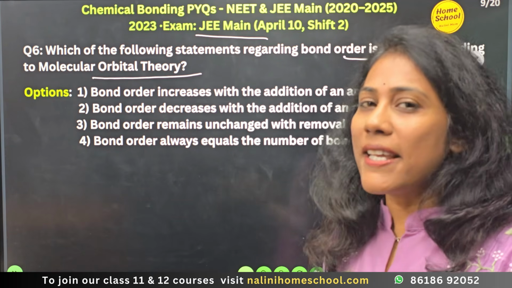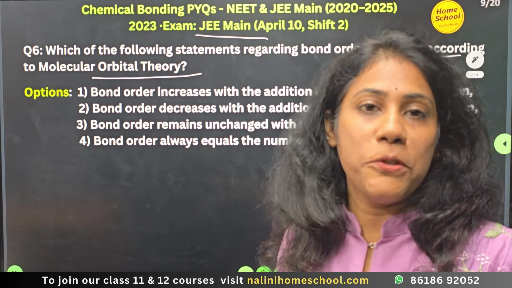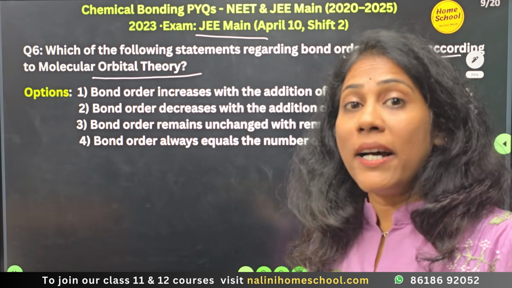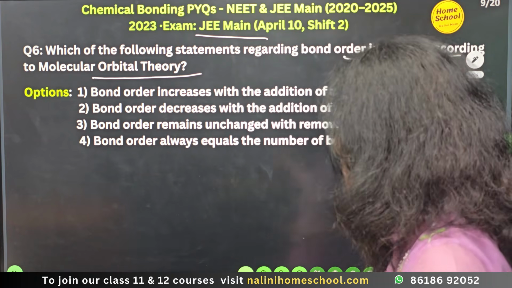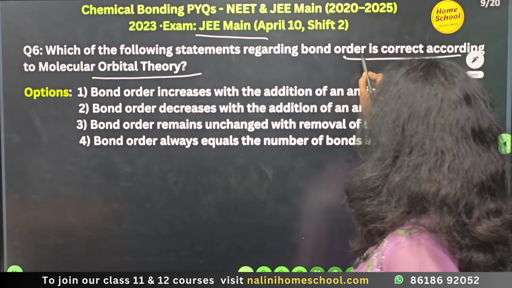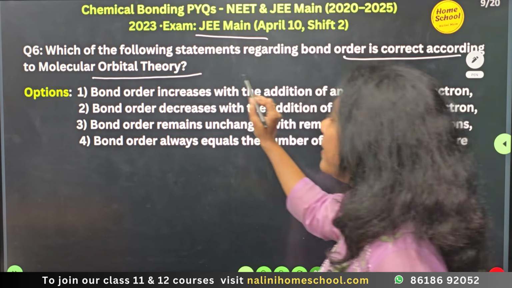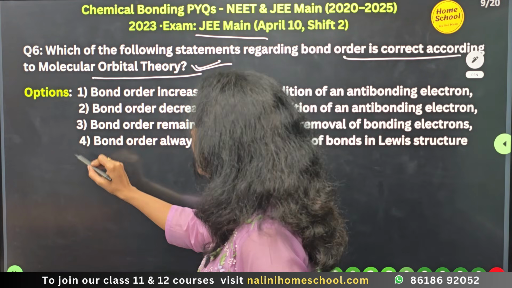If you know the concept, you will get the answer, otherwise you will end up marking the wrong option, and your negative marking will increase. So be careful with that. Let's read out the options.